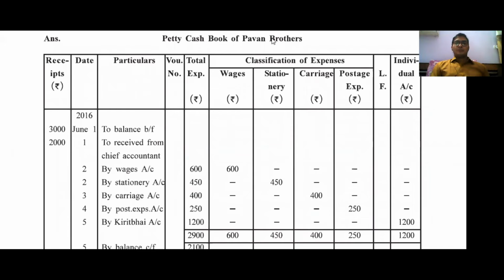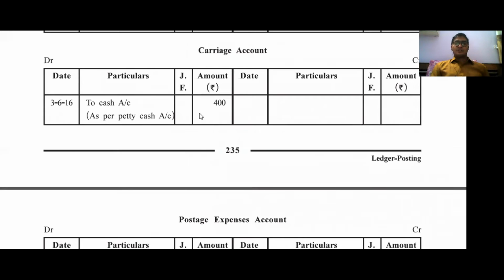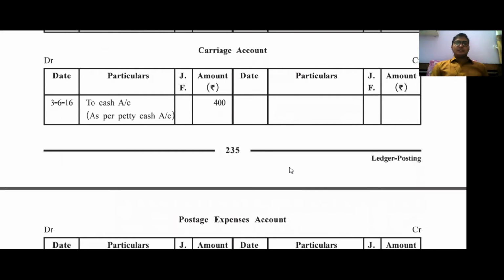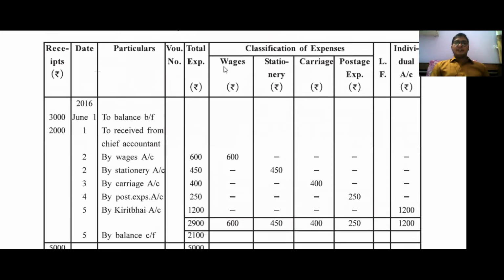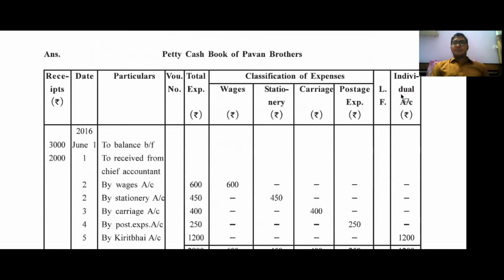So now, on the basis of this petty cash book, we have to prepare a ledger account for each expense: wages, stationery, carriage, postage, and individual account. Now, it is very simple: wages, stationery, carriage, postage, and individual, these are all expenses. So all these expenses are debited.